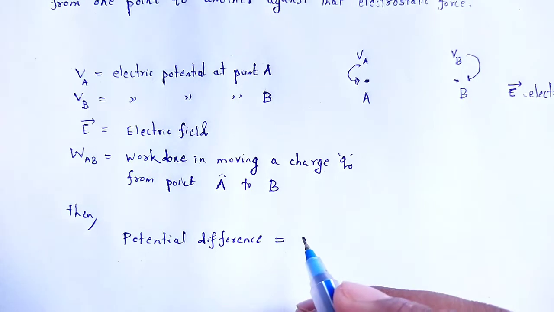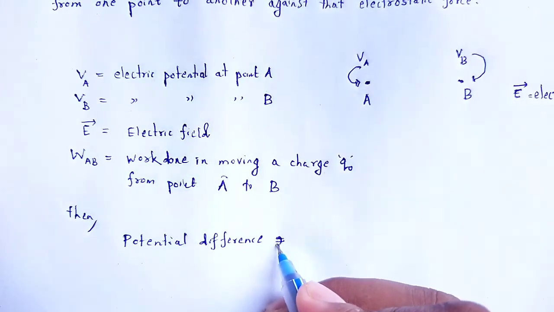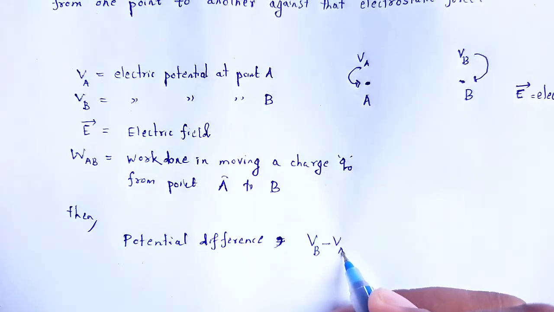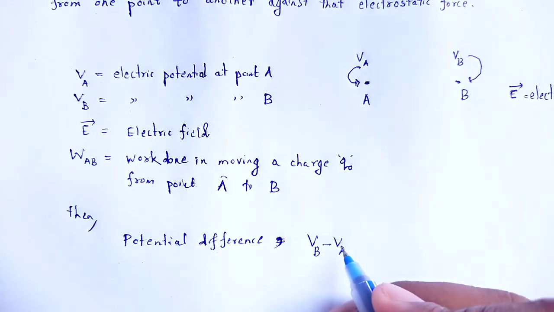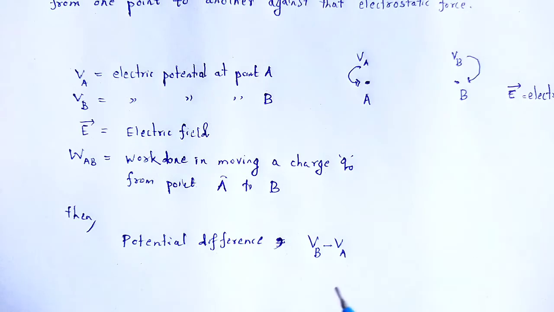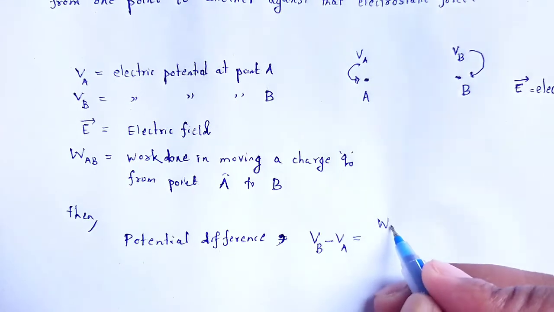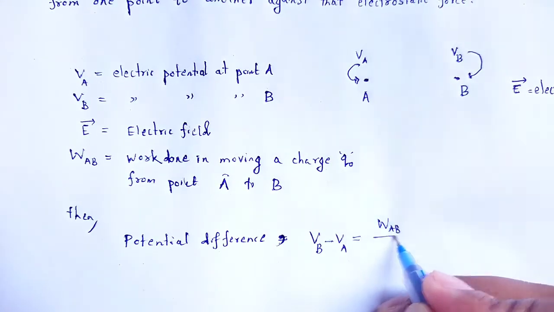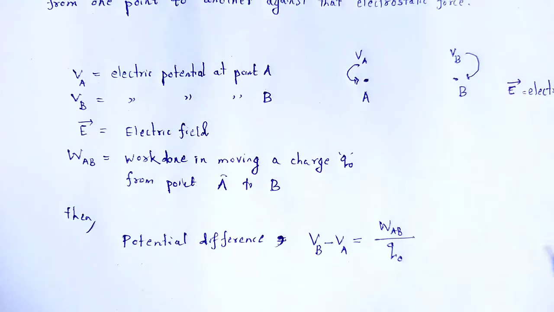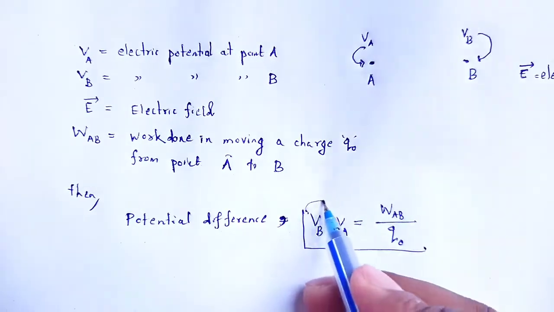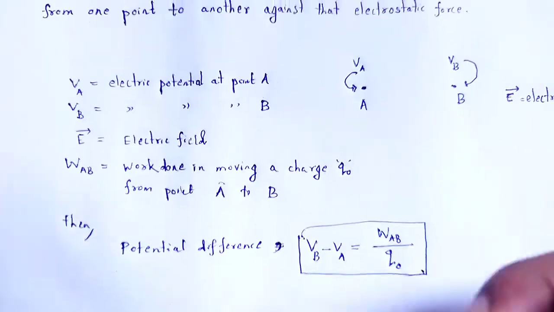The potential difference, that is VB minus VA, is equal to WAB divided by Q naught. That is the potential difference between these 2 points.